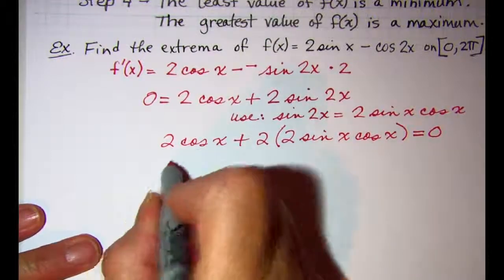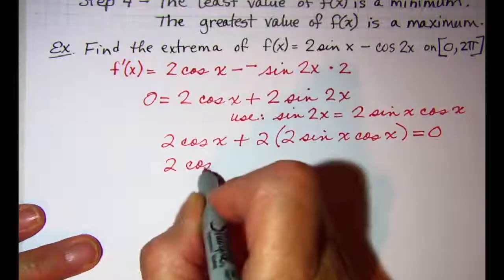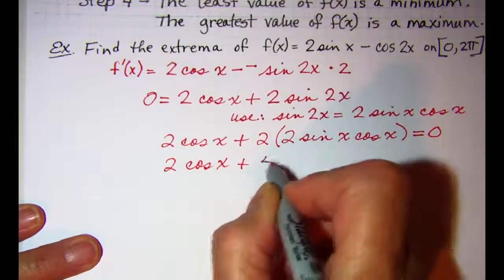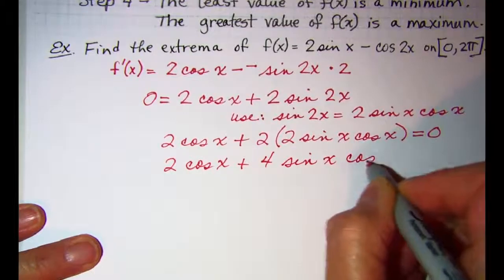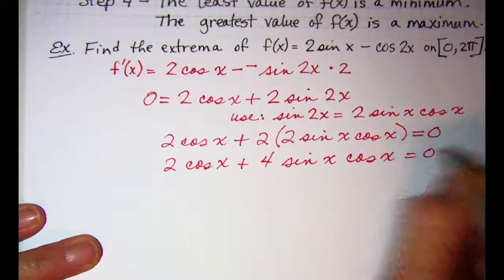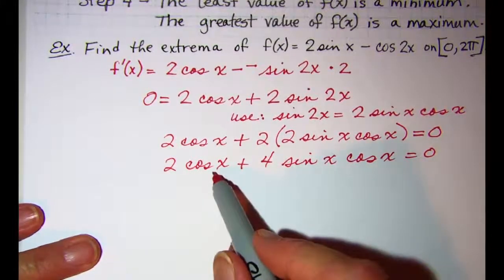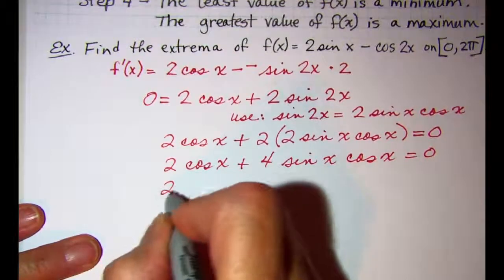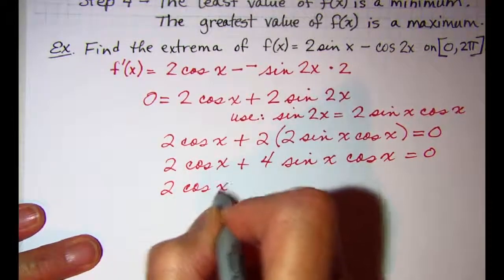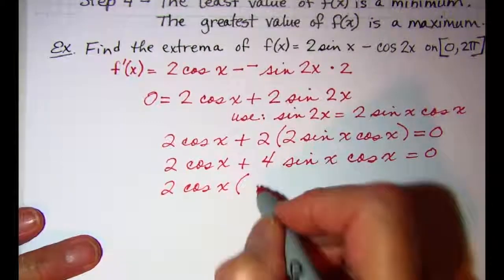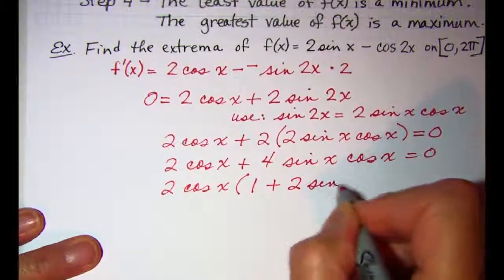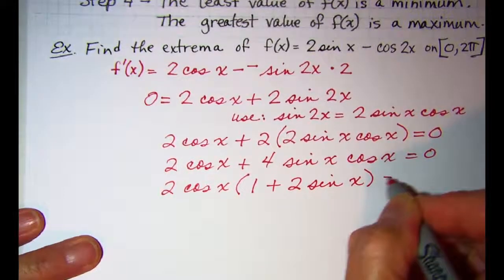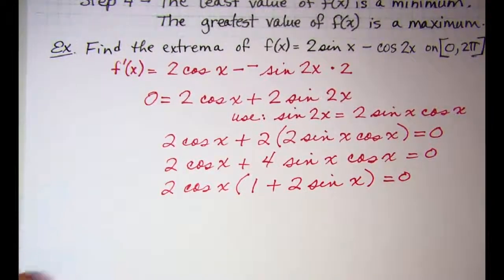So let's see, 2 cosine x plus 4 sine x cosine x equals 0. I can factor out a 2 cosine x, and I'll be left with 1 plus 2 sine x equals 0. Now I need to set each of these factors equal to 0.